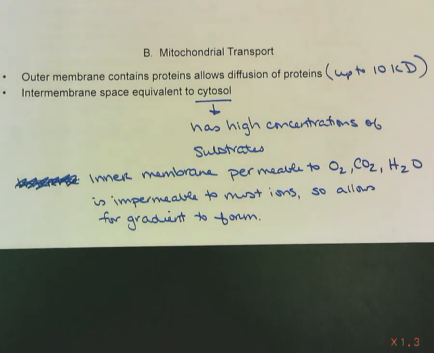But it is impermeable to most ions, which is good because that's where we're going to want our proton gradient to form. So it has ways of exporting these molecules, but it won't allow ions to be exported without going through a protein channel.